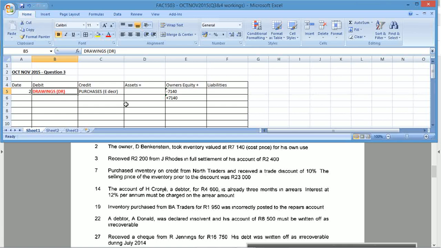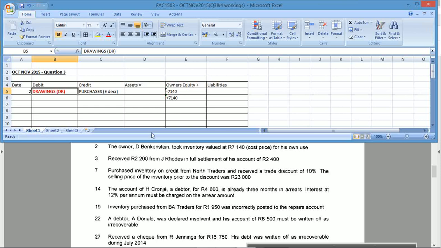Does it make sense? I took inventory and looked at it as my stock. Correct. What account are you looking at? Purchases. You're not looking at inventory. Purchases is an expense, so plus on the debit, minus on the credits.